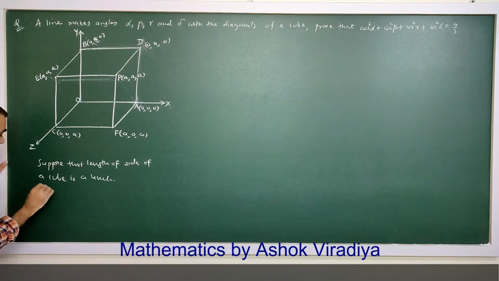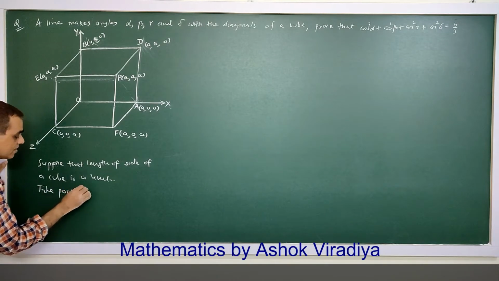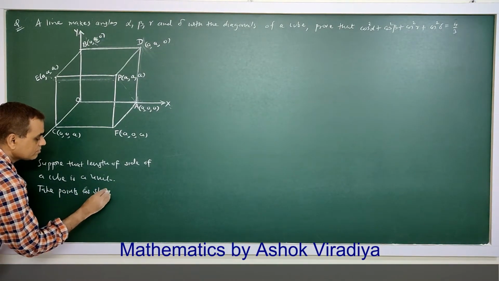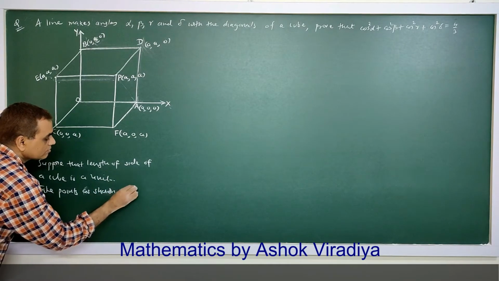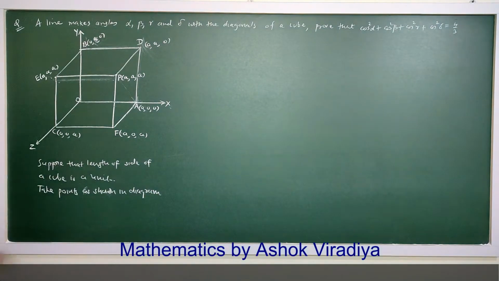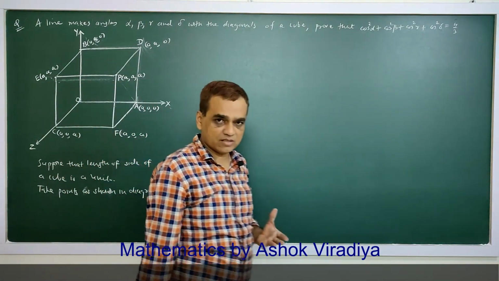So take the points as shown in the diagram. Now here we have to work with the diagonals.